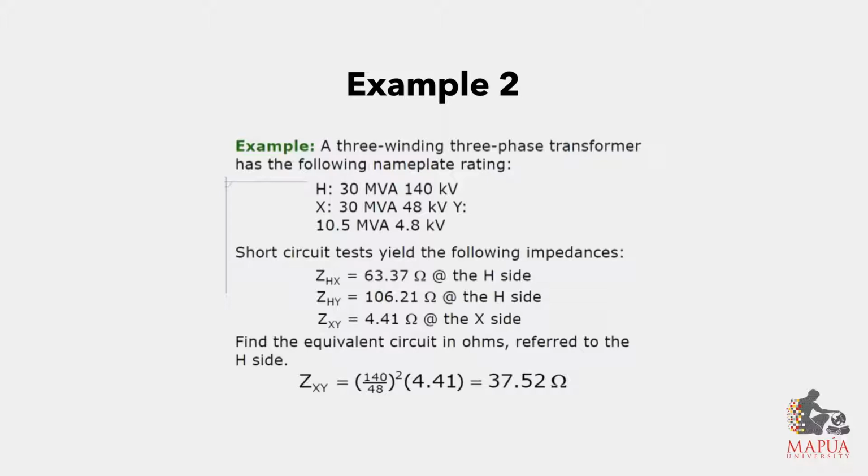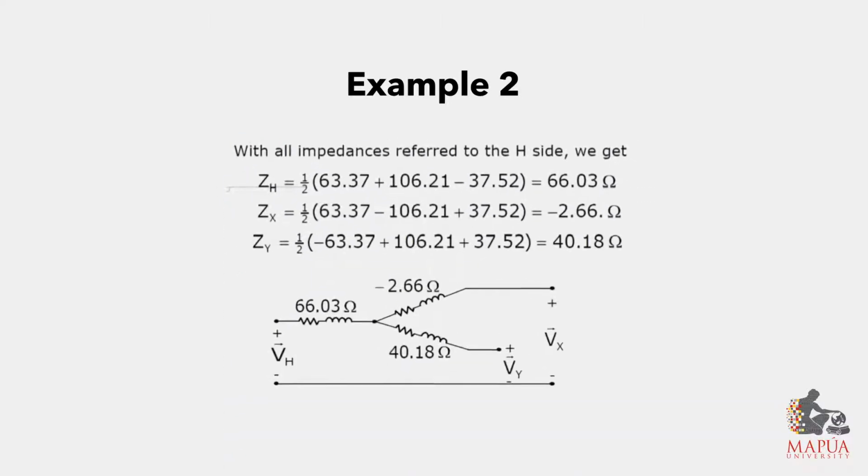Now, we're going to find the equivalent circuit in ohms, referred to the high tension side H. So, ZXY we can now compute, that is equal to (140 over 48) squared multiplied by 4.41, which gives us 37.52 ohms. With all the impedances referred to the high tension side, we can now get ZH to be equal to 1/2 multiplied by the quantity 63.37 plus 106.21 minus 37.52, which gives us 66.603 ohms.